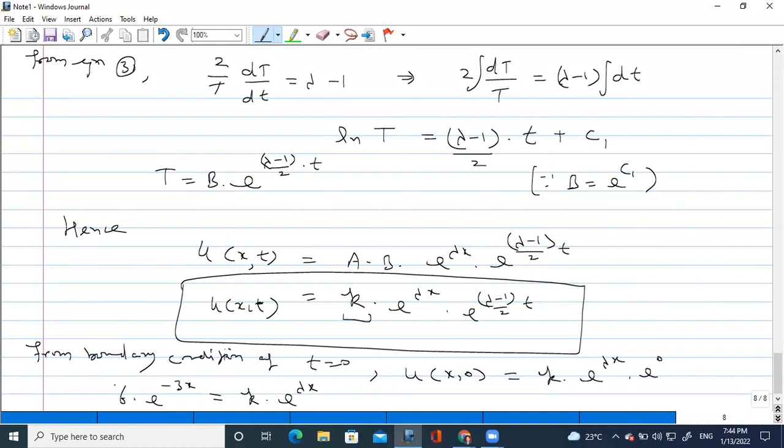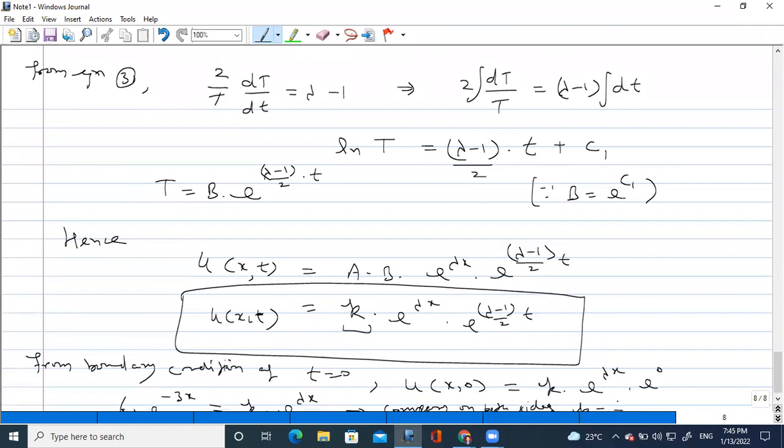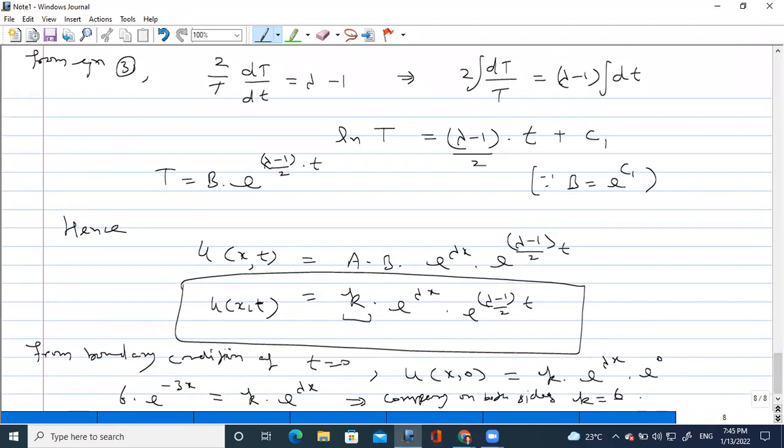So k will be equal to 6 and lambda will be equal to minus 3. This implies, comparing on both sides, k is equal to 6 and lambda equal to minus 3.